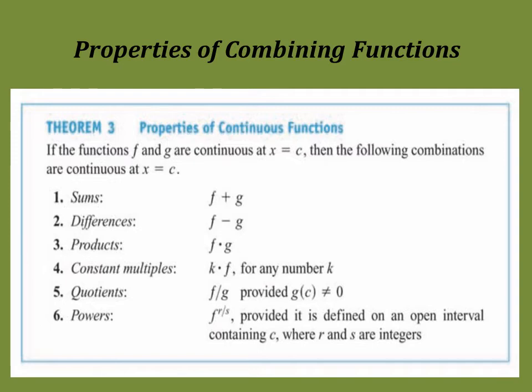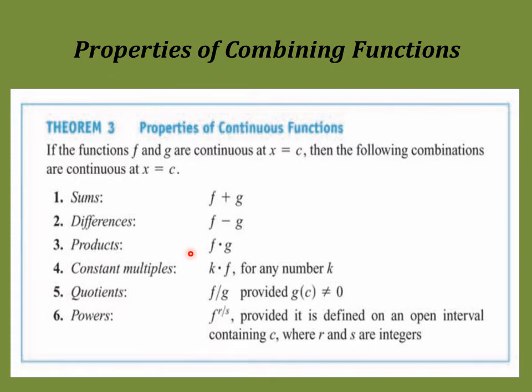Now, if we have more than one function, this is called combining functions. If we have f and g, two functions both continuous at the same point, x equals c, then the sum of f and g is a continuous function, and the difference is a continuous function.